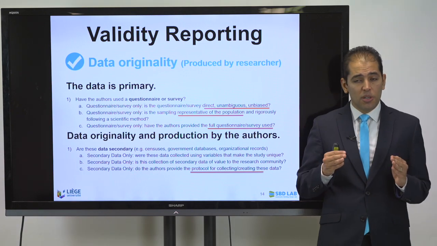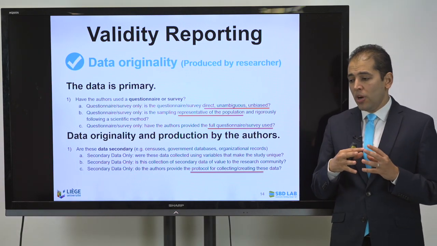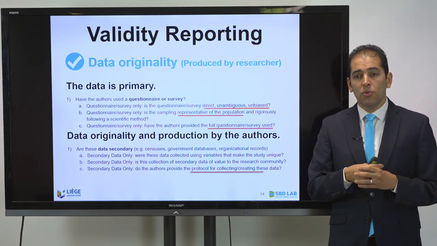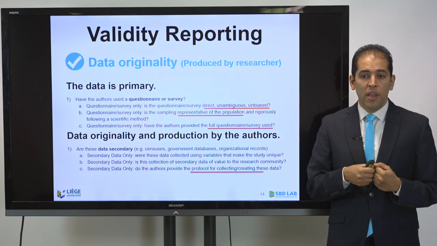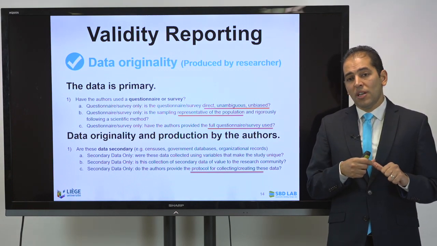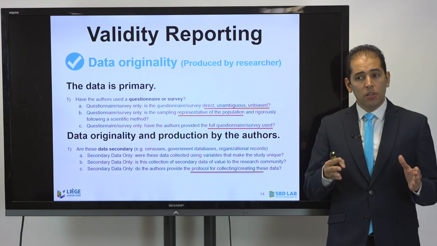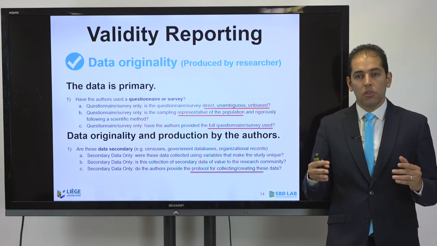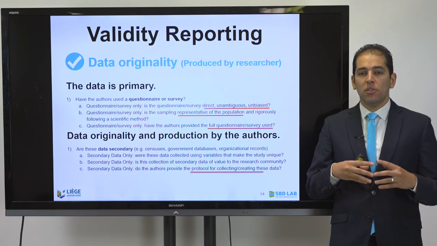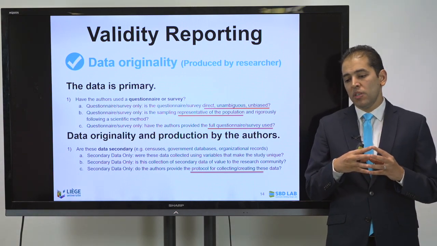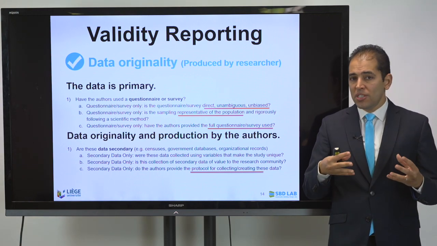If we have primary data collected by ourselves, then most probably, if we are using a survey or a questionnaire, we need to ask ourselves three questions. First of all, is the questionnaire direct, unambiguous, unbiased? Did we involve a linguistic expert? Did we check the wording? Did we make sure that the respondents or the subjects understand properly?